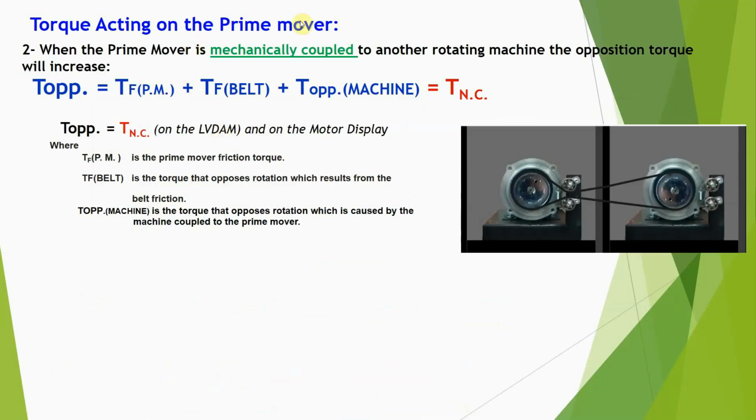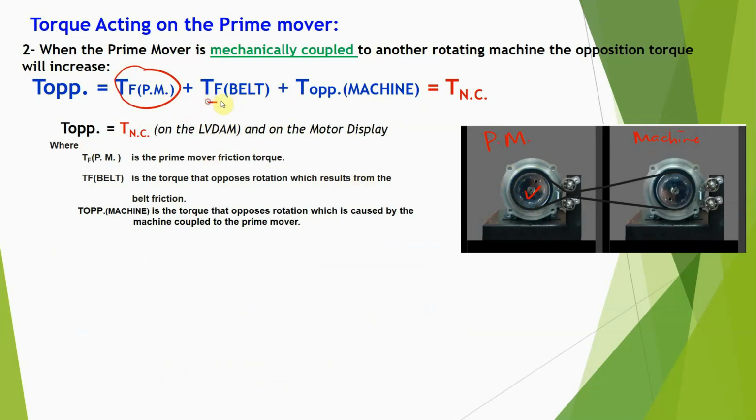Now, suppose we connected a load to a prime mover. Suppose this is my prime mover. I connected a machine, a rotating machine, right? So how are we going to analyze now? We already have a friction inside. Inside here we have the three frictions of the prime mover, as we discussed a while ago.